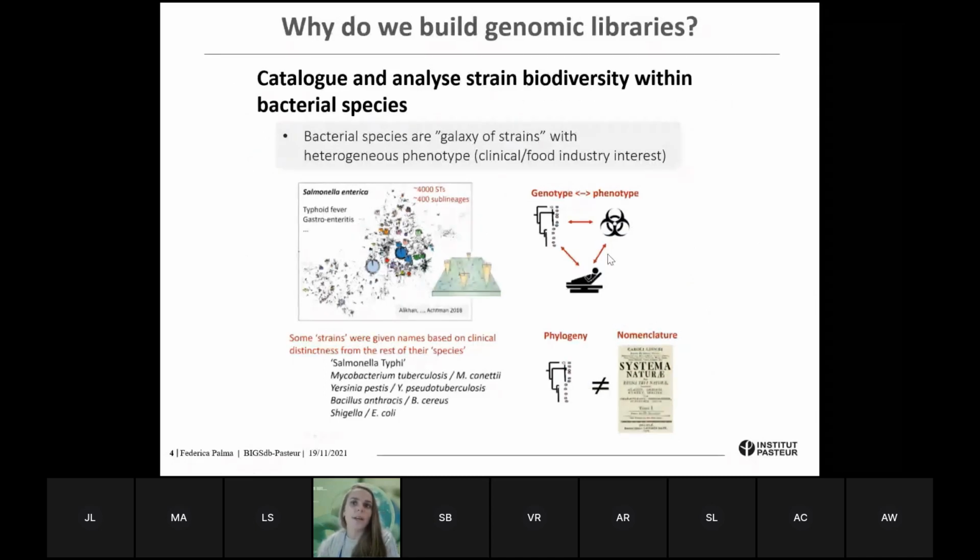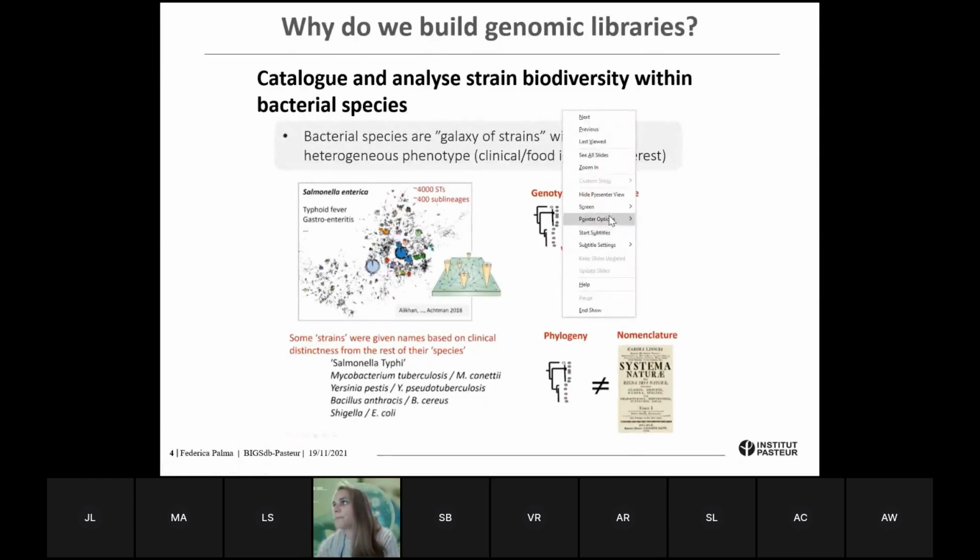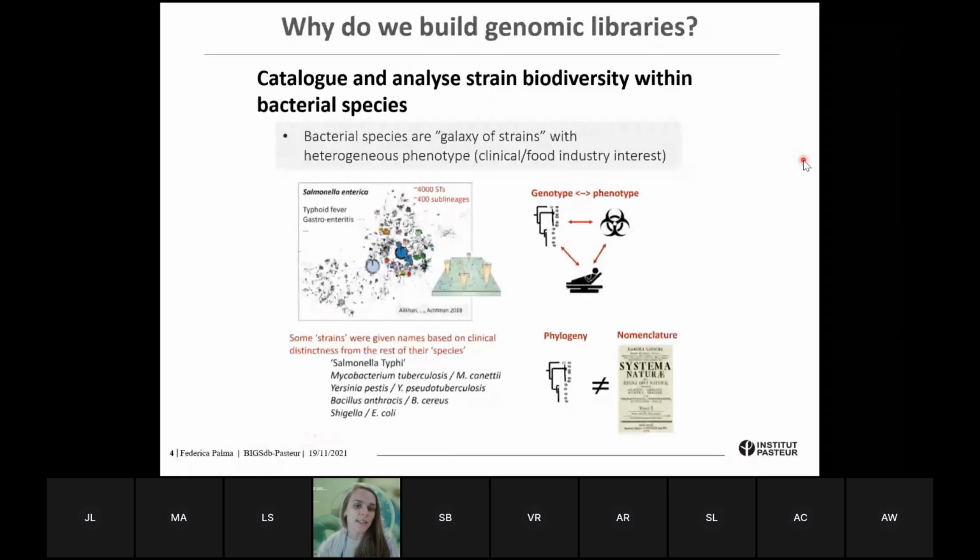And as we saw during this webinar, bacterial species are composed of very diverse strains, a galaxy of strains that can present very different phenotypes, and these phenotypes can be of interest in terms of clinical or food industry applications.